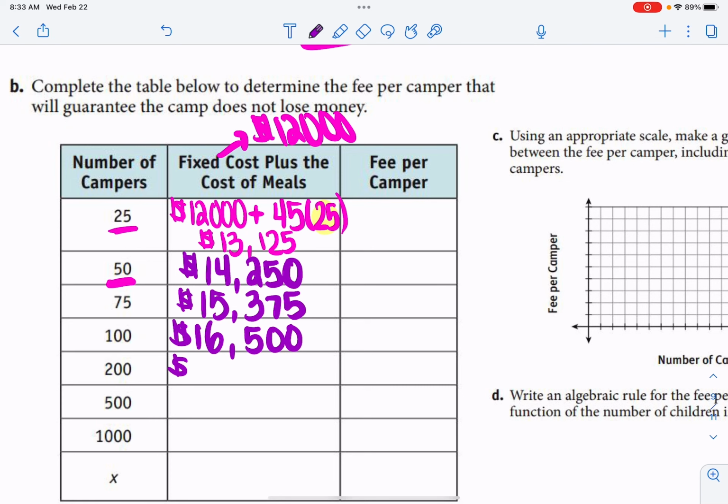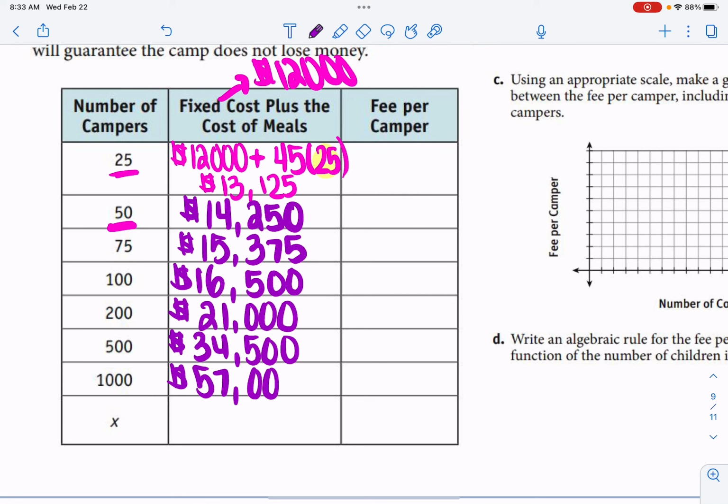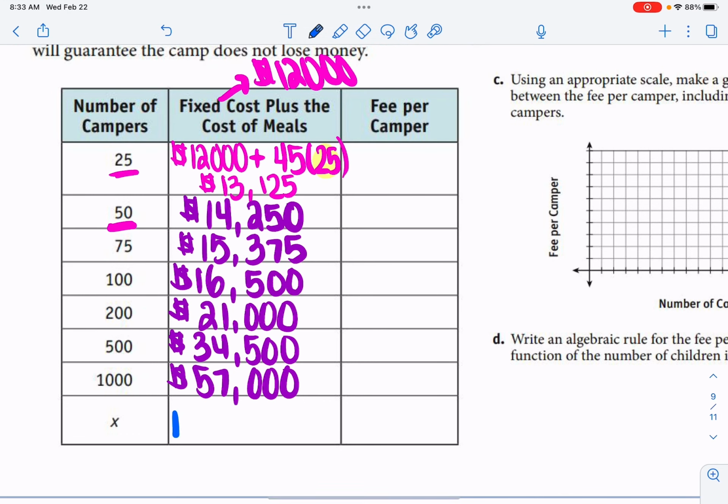For 200, you're going to get 21,000. For 500, you're going to get 34,500. And for 1,000, you're going to get 57,000. And so for x, to find that final answer, what I was doing before was taking the fixed cost, 12,000, plus 45 times the number of campers x.